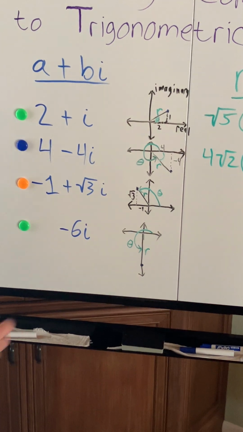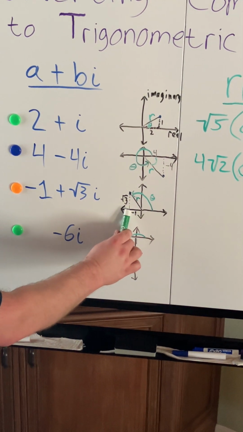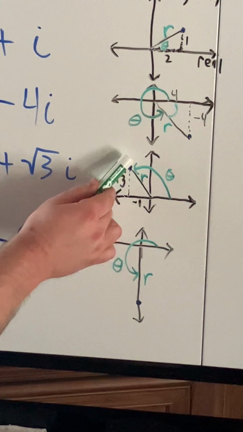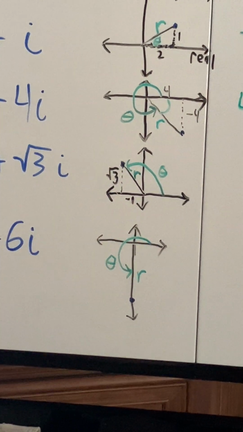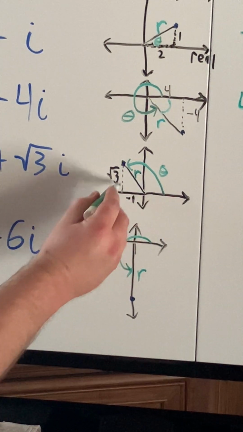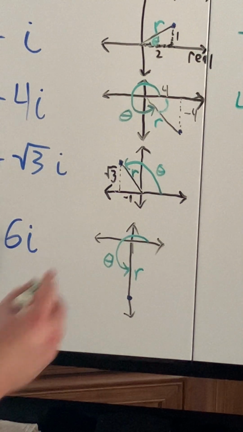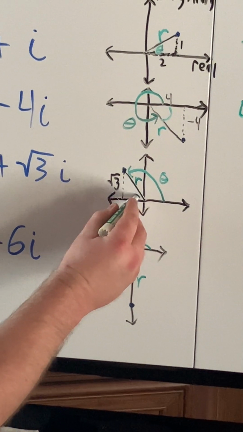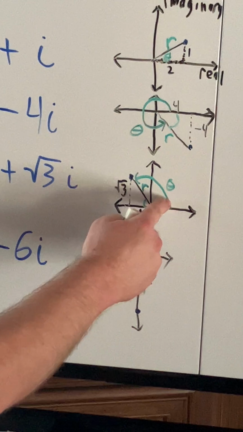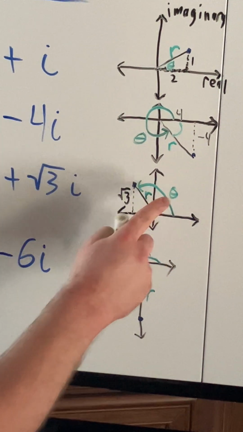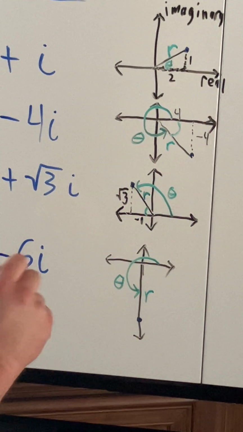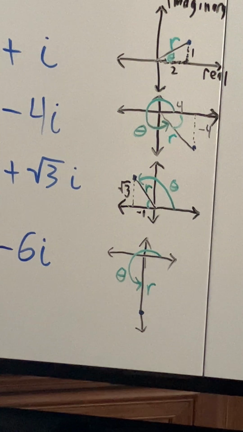-1 plus root 3i, 1 over to the left, up root 3. That number is going to be right there. That's a typical 30, 60, 90 triangle. So we know this right here is 60 degrees. That makes theta 2 pi over 3 and r is 2.